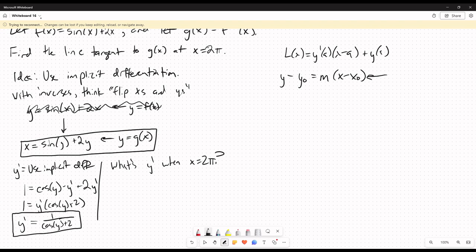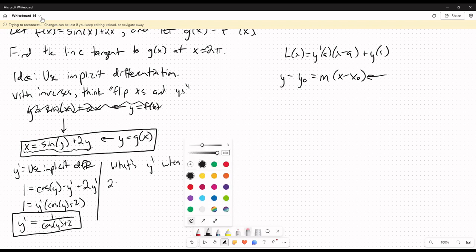Well, I have y prime in terms of y, not x. So I'm going to need to find out what y equals when x equals 2 pi. A nice equation that might help us out here is the equation we started with. It tells us that x equals sine of y plus 2y.